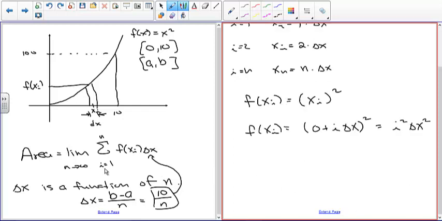So then we can go back to our original area expression. The area is equal to the limit as n goes to infinity of the summation from i equals 1 to n of the value of the function, which is going to be i squared times delta x squared. So this is f of x sub i times delta x.